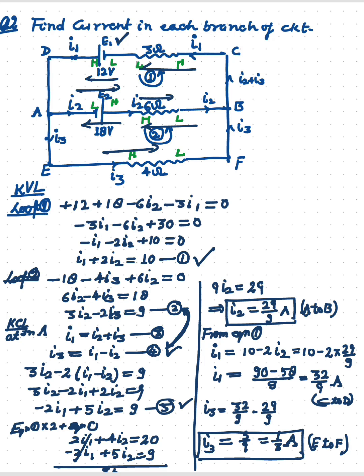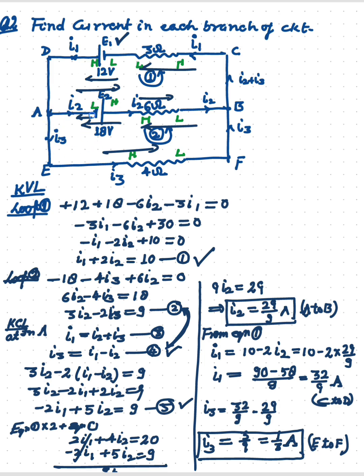Okay, now let me solve one more problem. Also you can solve this by another consideration, but I'm not going to discuss this. Suppose you assume I2 is going in this direction. In that condition, this is the I1 current coming here and I2 is coming here, then at junction A two currents are meeting, so I3 will be the sum of these two.